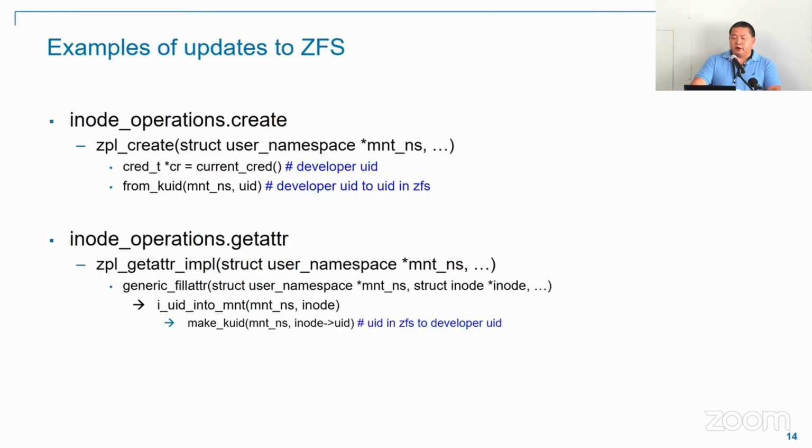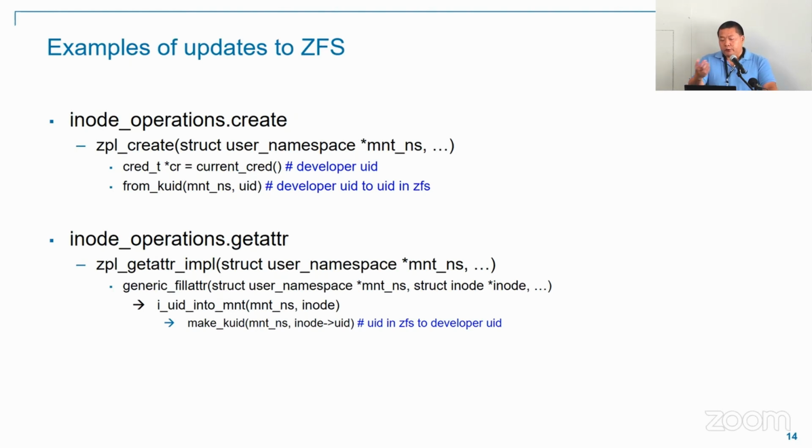You get the idea of how this mapping works. For the changes I made to ZFS, let me take two examples of inode operations. First is create. In the new kernel, the inode operation is defined to take the mount namespace as a first argument. So for each create operation, you have the ID mapping as an input.